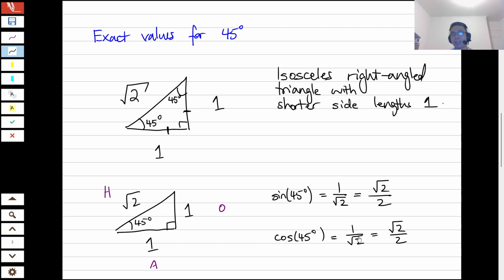So we get something very interesting: sine of 45 and cosine of 45 are the same. And tan of 45 is opposite over adjacent, which is 1 divided by 1, which is just 1.